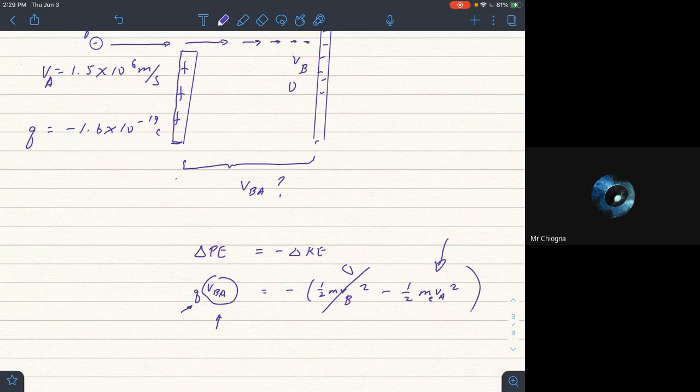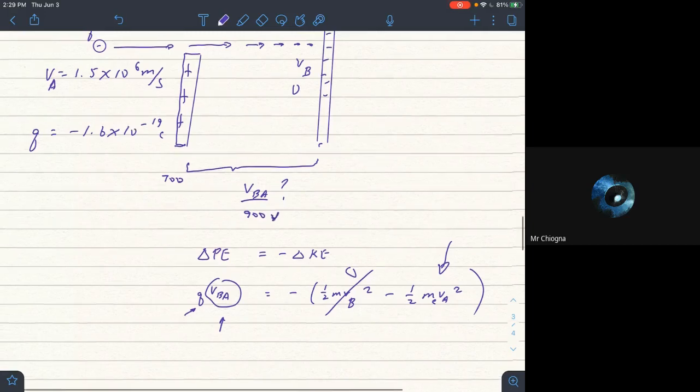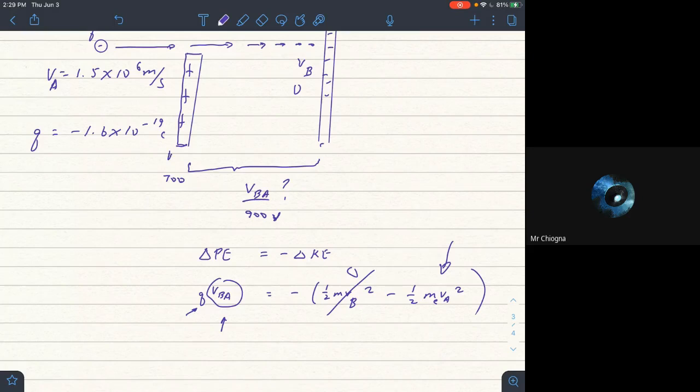Okay, if you knew this voltage here, let's say you figured out VBA was, I'm making this up, 900 volts. How do you calculate VB? What's VBA equal to? Yeah, good.